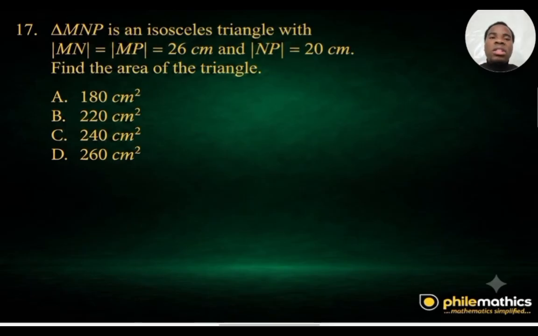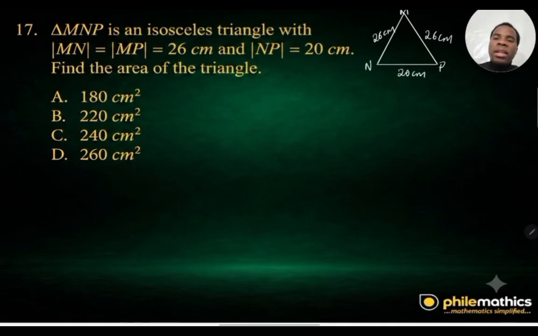Let's sketch this triangle. So if this is M, this is N, this is P, MN is 26 cm, MP is 26 cm, and NP is 20 cm. We have to find the area of the triangle.